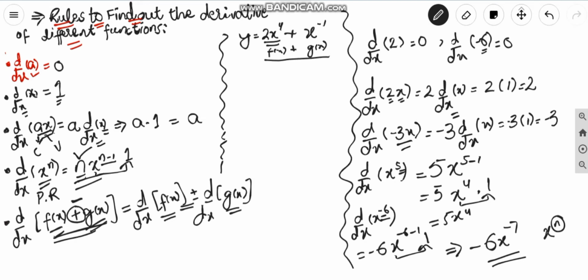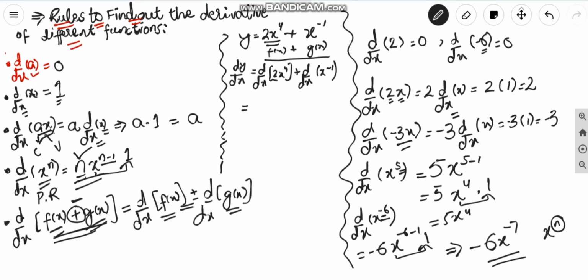So what is the rule? The rule is to take the separate derivative of the first function plus the separate derivative of the second function.